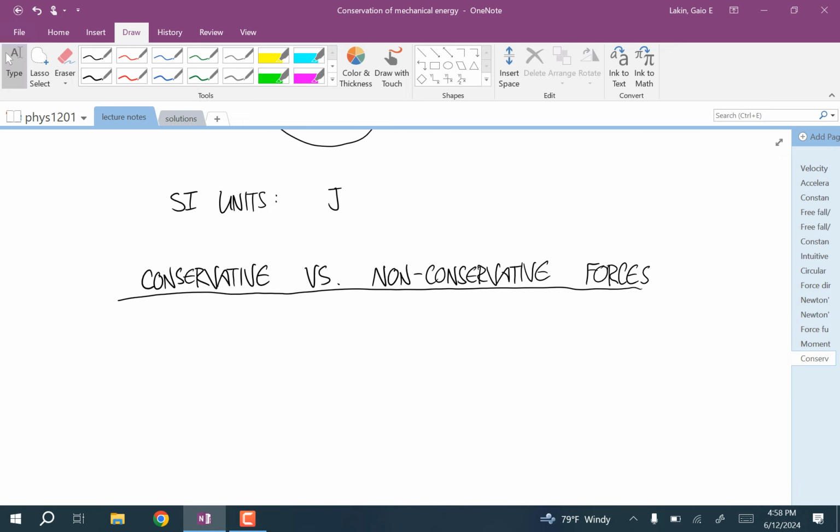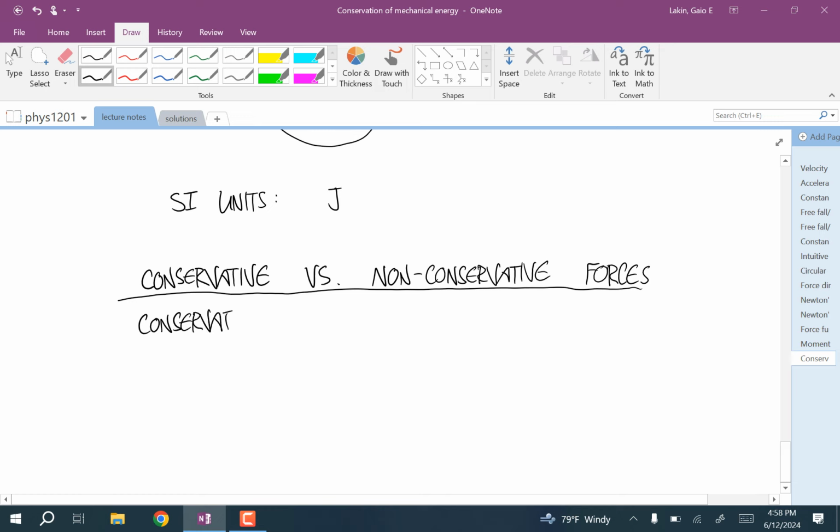Well, a conservative force is one where if you know the object's location, that's enough information to know the force applied to it. Okay, so if you could come up with a spreadsheet or something where someone would punch in a location and it would spit out the force, no matter what the object's doing, then that's a conservative force.